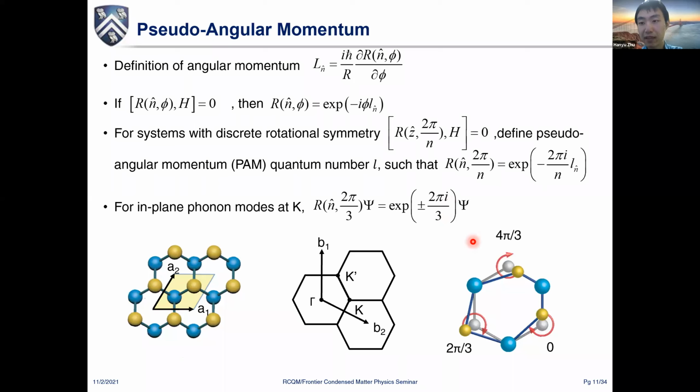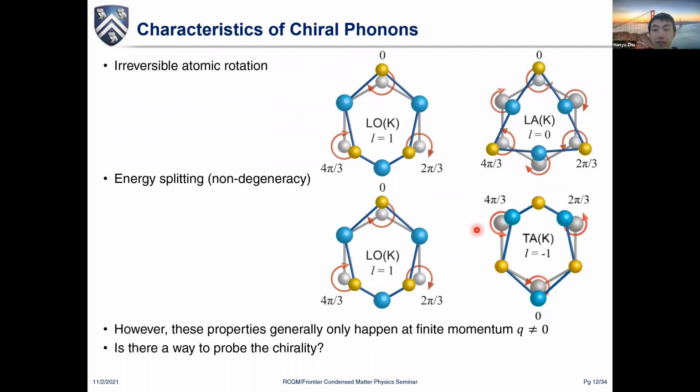That basically means that this phonon mode has angular momentum plus 1. Now we know that the fundamental reason why the phonon is chiral here is that the lattice has some rotational symmetry and inversion asymmetry.